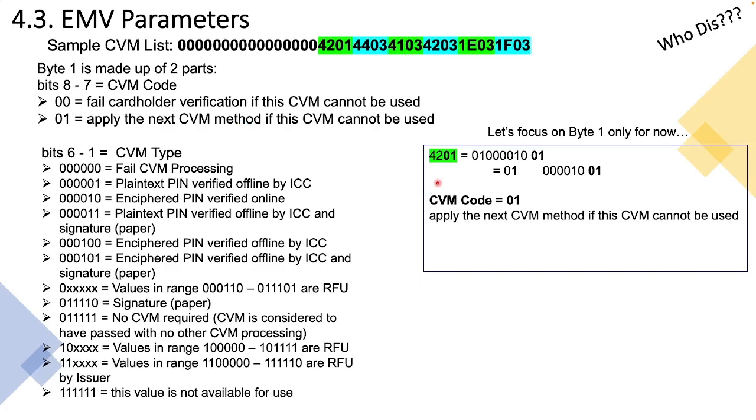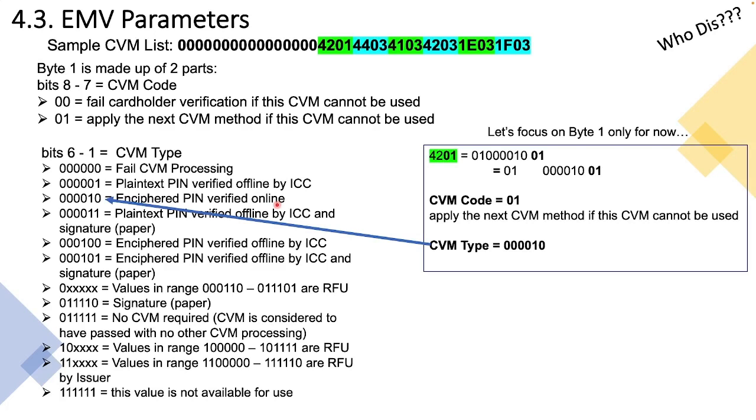Okay, what's the meaning of that? The CVM type is now 000010. So what does this mean? 000010. Here we go. Here's the match. So what we're saying is the highest priority CVM entry on this card is enciphered PIN verified online. Okay.